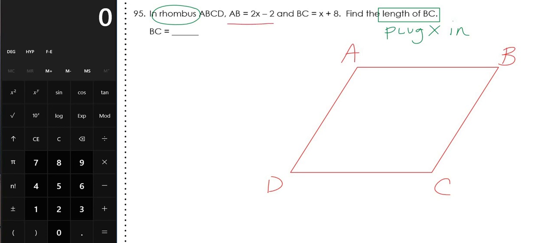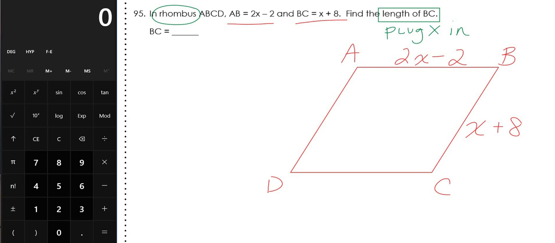Okay, so the measurement of AB. Let's look at our diagram. Notice that AB is one of our sides. So I'm going to label in 2x minus 2 for AB. And then we have BC, which is x plus 8. So I'm going to label in x plus 8.